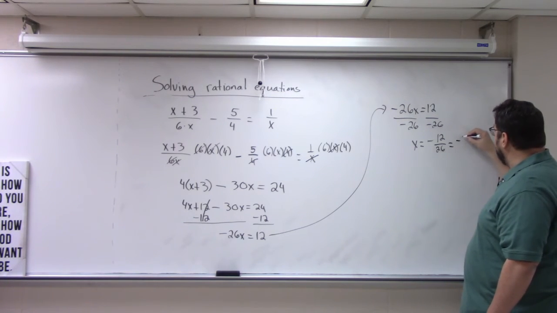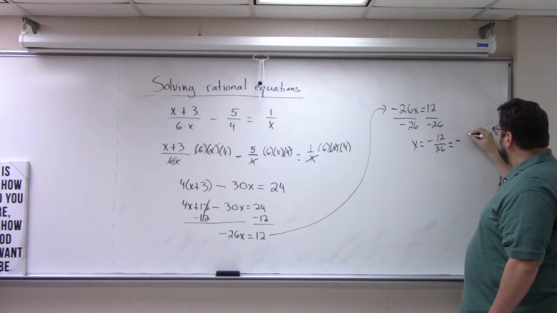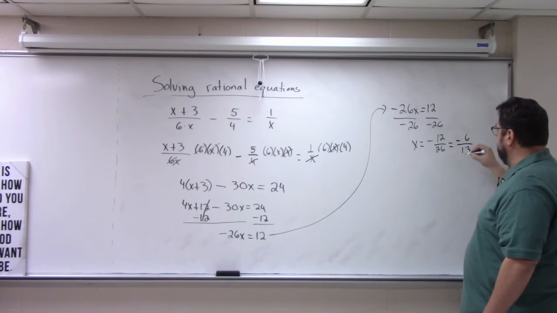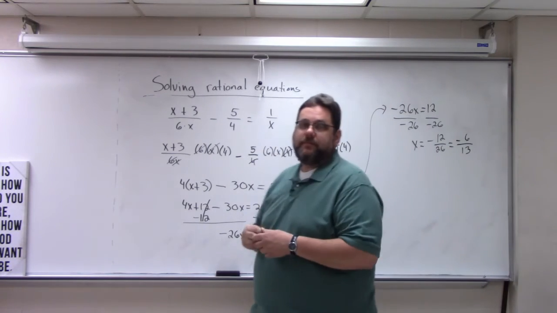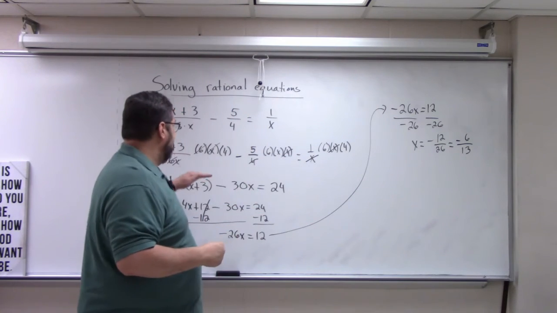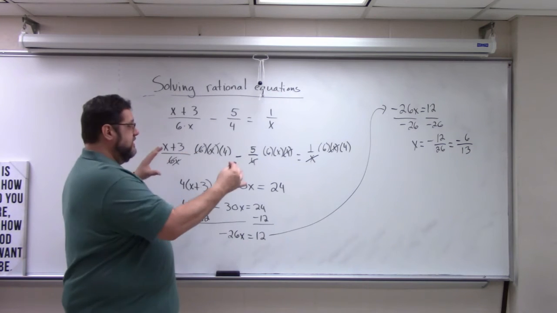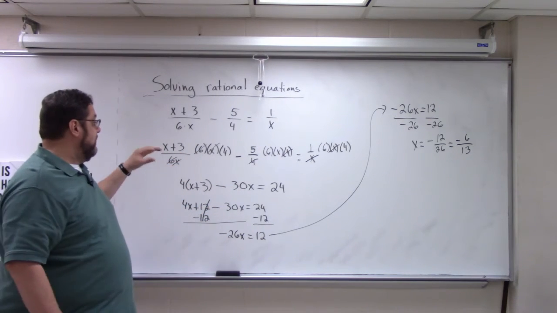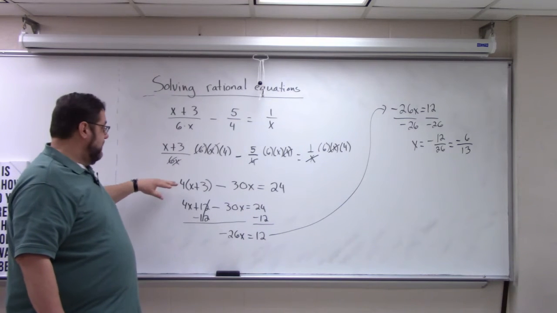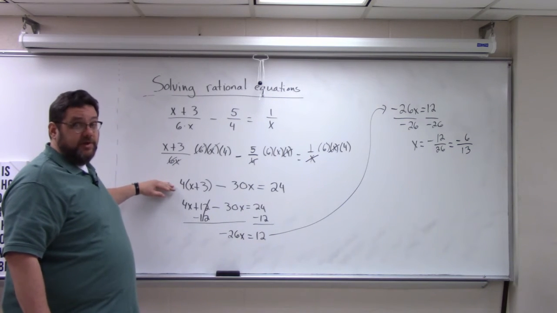So that's going to be negative 6 over 13. All right, so yes, there's a little ugliness here. There was a lot of writing. But once we got rid of all the fractions, it's really a simple linear equation here. Excuse me.